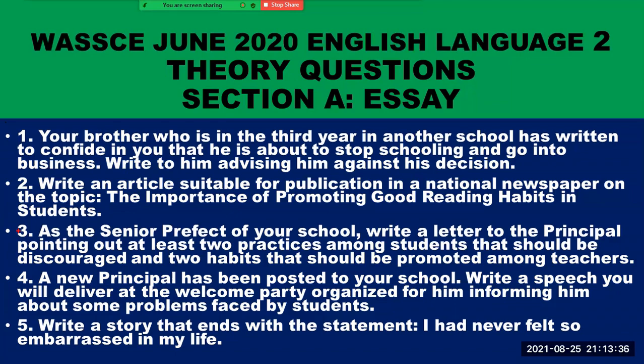Why do I say it is a formal letter? Because you are asked to write to the principal, and the principal is someone who occupies an official position. Whenever you are writing a letter to someone who occupies an official position, you are writing a formal letter, because a formal letter is an official letter.